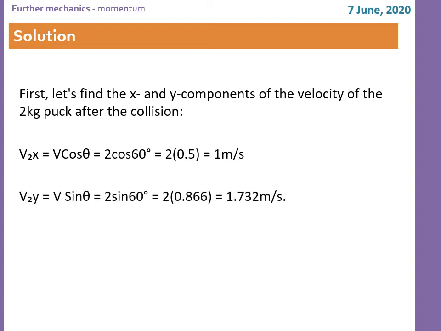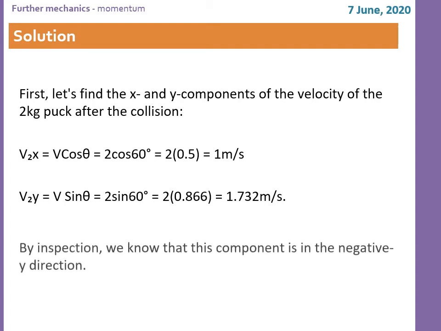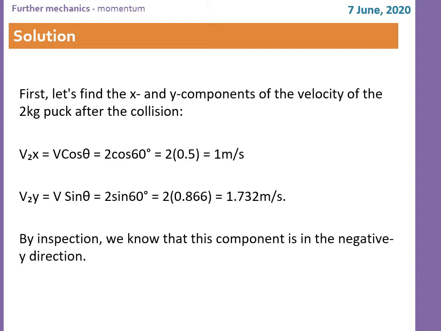And here the y component is 2 sine 60 degrees, and this is the speed after the collision. Easier for you, you can do it. Right, when you look carefully, you see that this component is in the negative y direction because this is moving from left to right.